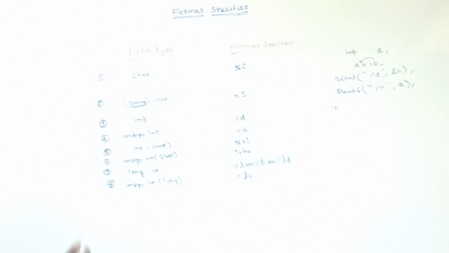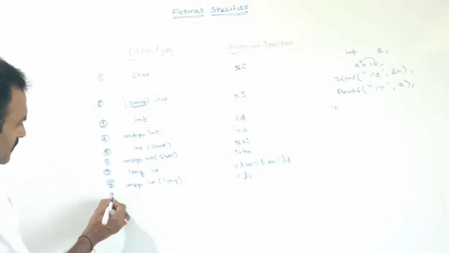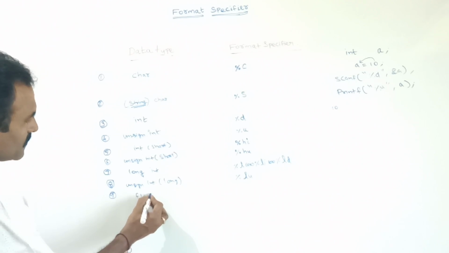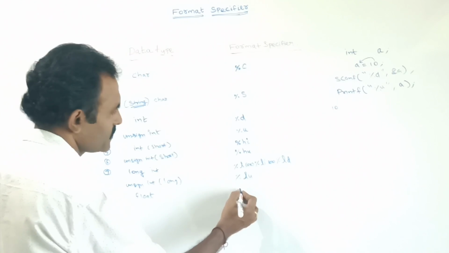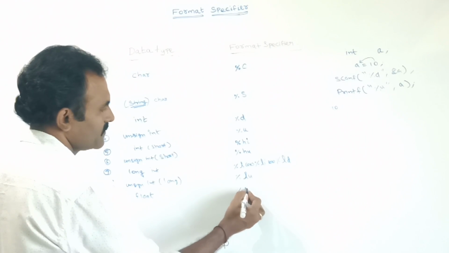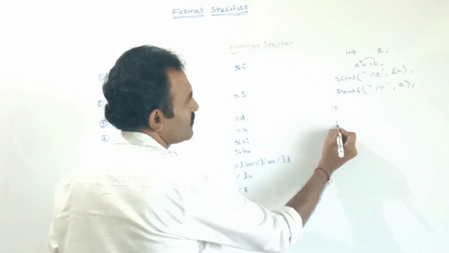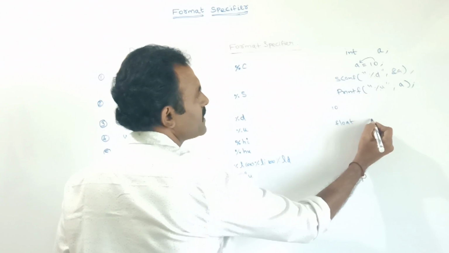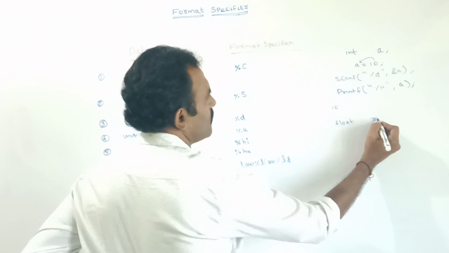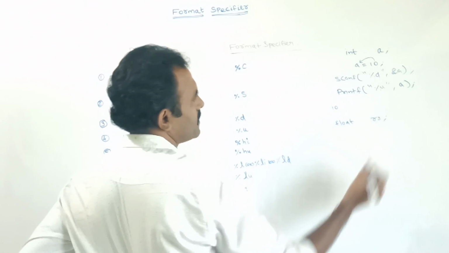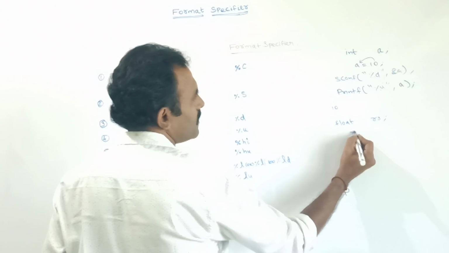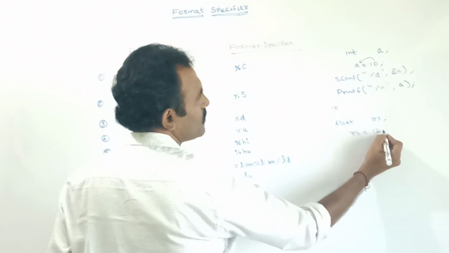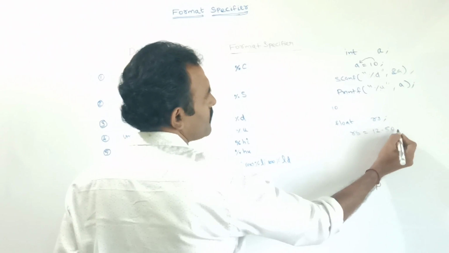Next, let us see about the float. For float we can use percentage %f. Here is an example: float, and I am mentioning the variable name as Rs, for rupees. Here Rs is equal to 12.50.